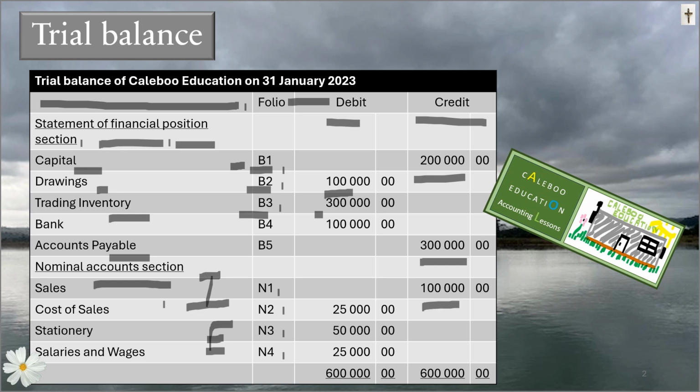These accounts here end up with debit and credit balances according to the accounting rules. For example, trading inventory, which is an asset, should normally have a debit balance, meaning that we've got an asset, stock on hand. So this is a trial balance.